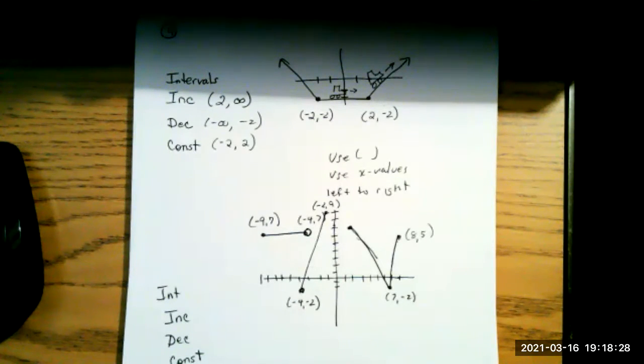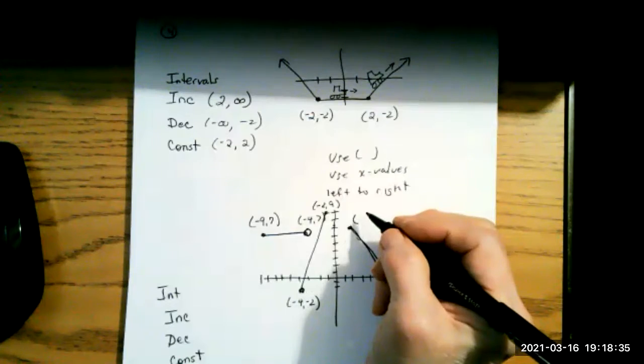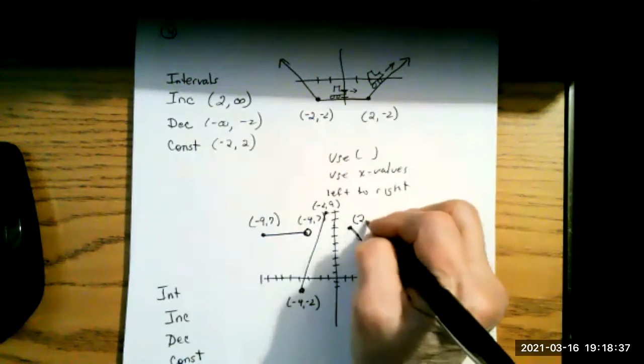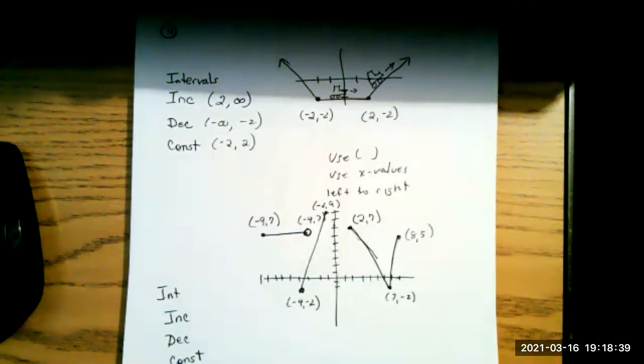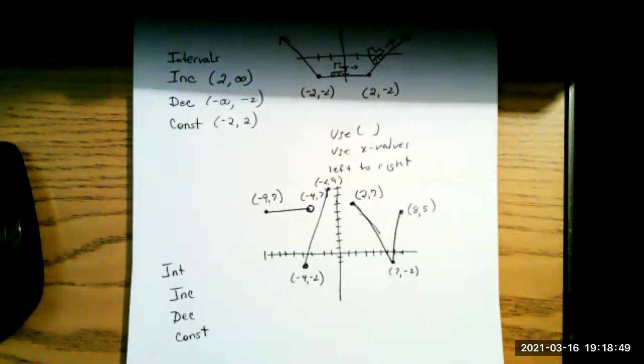Dr. Sullivan, can you write the coordinates to that other point? Oh, thank you. It is 2, 7. All right. Let me pick somebody. Astanika, pick increasing, decreasing, or constant, and tell me what the answer is.